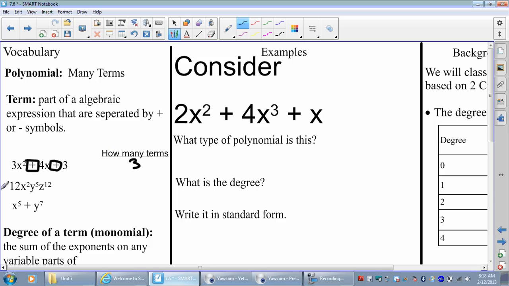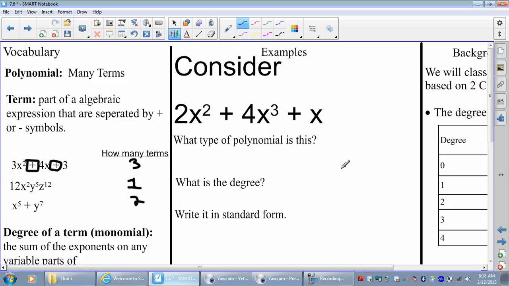Now, if you look at this one, a lot of students would say the 12 is a term, the x squared is a term, the y to the 5th is a term, and the z to the 12th is a term. No, that's all one single term. The only term in this expression is 12x squared y to the 5th z to the 12th. Now, in this one, how many terms are there? Hopefully the answer 2 just came into your head.